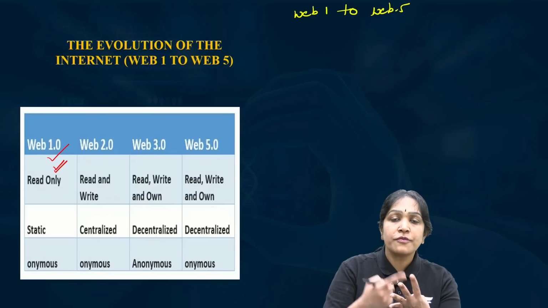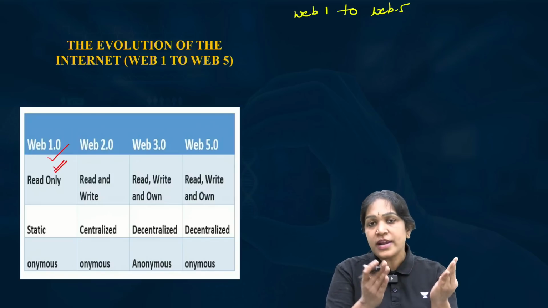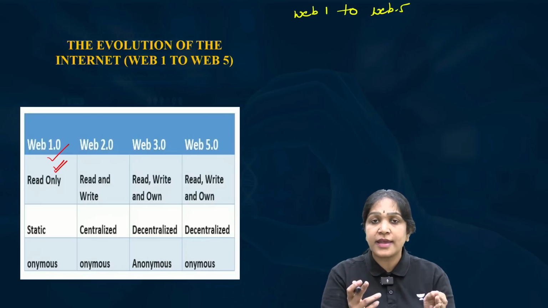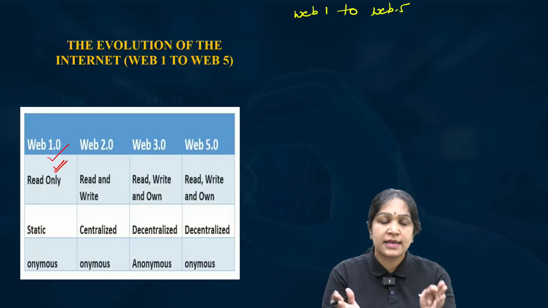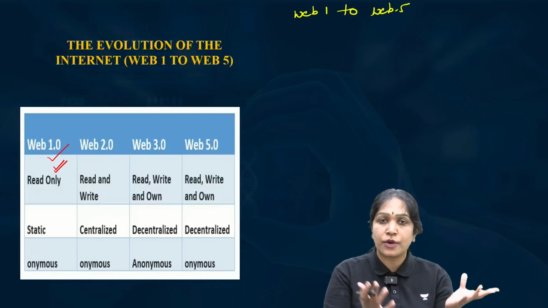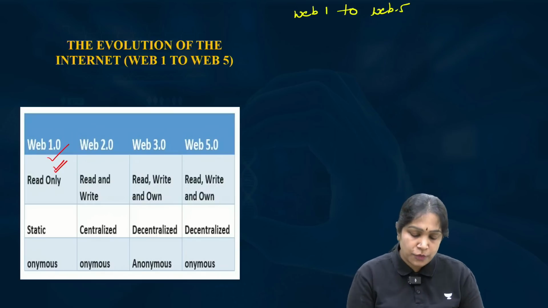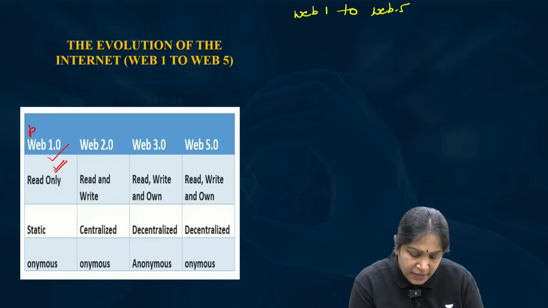Okay, or watch only. For example, if there is a video, I can only watch the video, but I cannot do actions like share, subscribe or all those things. I mean, the user is a passive user. In Web 1, the user is a passive user.